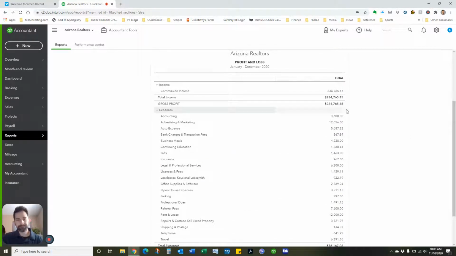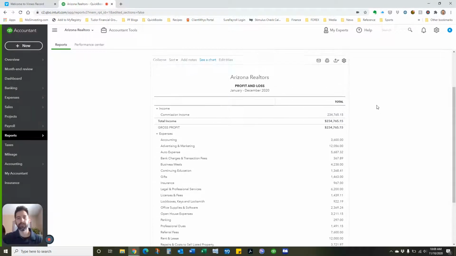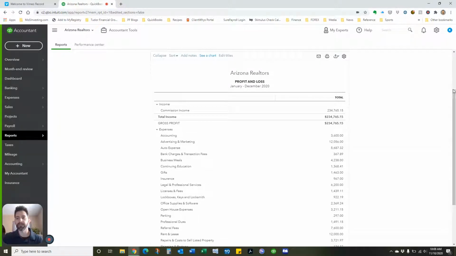So let's talk about that and go through it. We won't go through every line, just some of the details. At the top of a P&L, of course, is your income. For a realtor company, that's usually almost entirely commission income from selling houses.